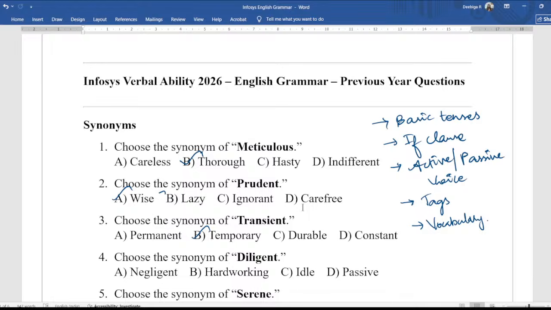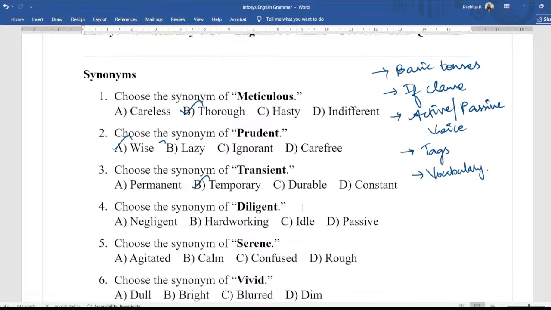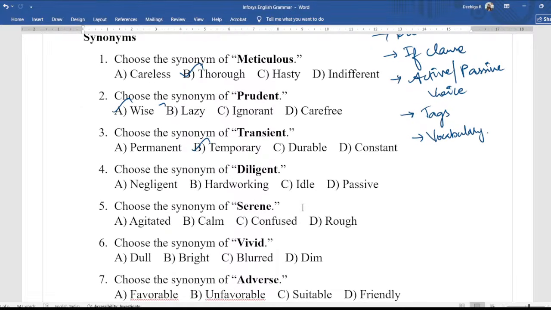Choose the synonym of diligent. The synonym of diligent would be someone who's hardworking, someone who's really hardworking and puts in the effort. So that is the synonym of diligent. So negligent means someone who doesn't care about certain things. Idle is being inactive. Passive is not reactive. So the correct answer is diligent.